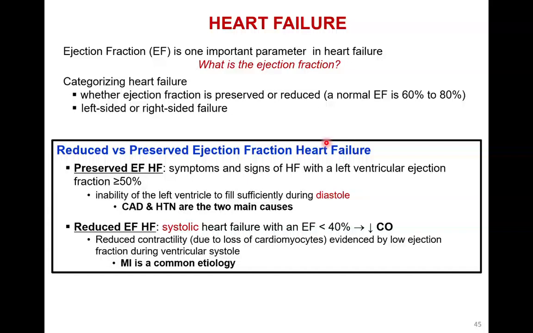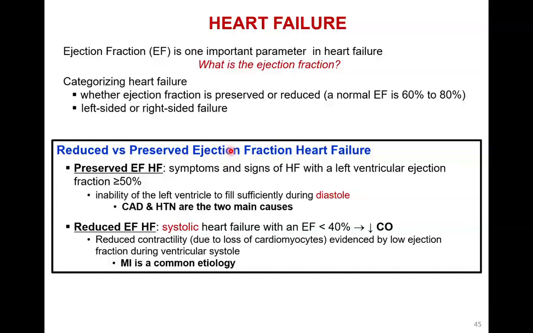To calculate the ejection fraction, you take the stroke volume, that's the volume that was ejected, and you divide it by the end diastolic volume. That gives you the percentage of blood that has been ejected, and that's what's known as your ejection fraction.